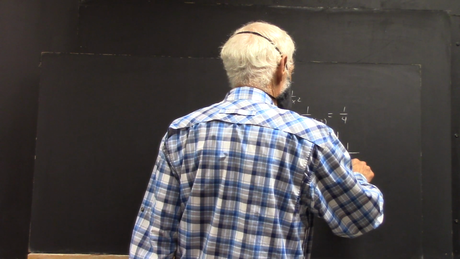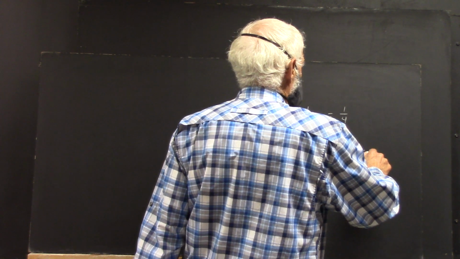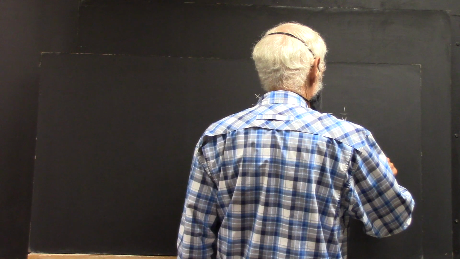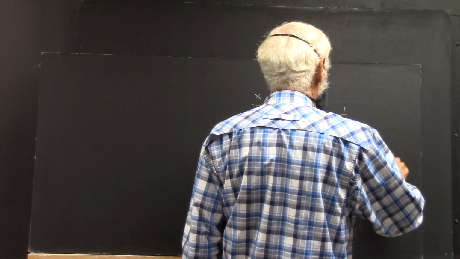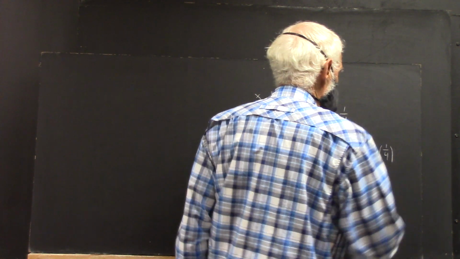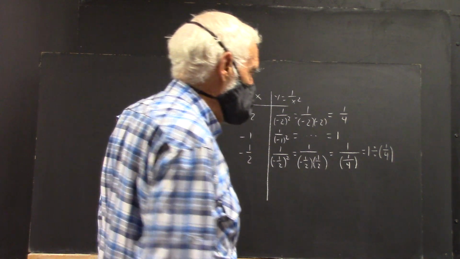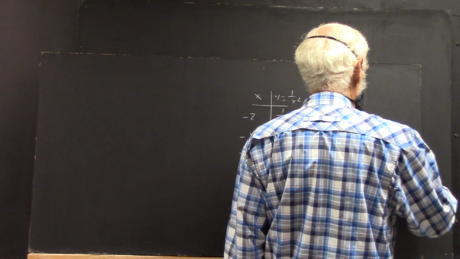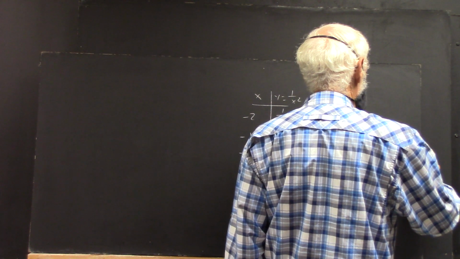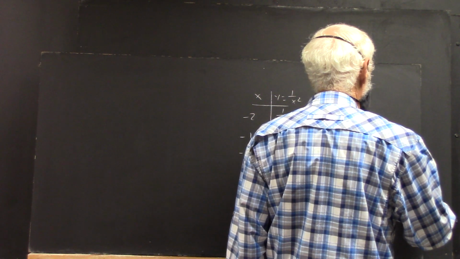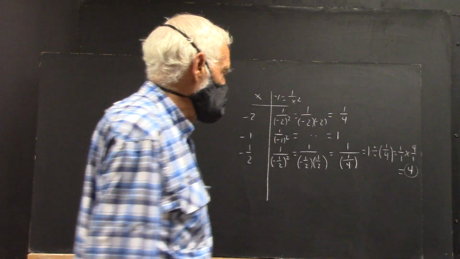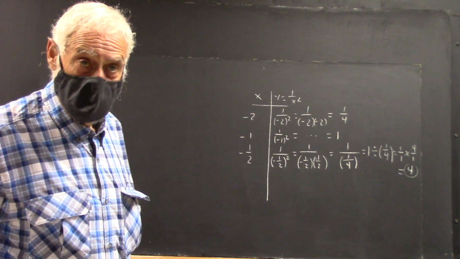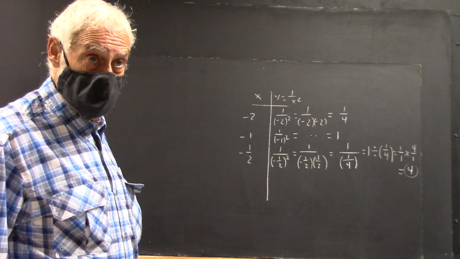Denominators are both 2, so you get 4. 1 divided by 1/4 can be written this way, and that's 1 times 4 over 1, which equals 4, using the rules of fractions that you should familiarize yourself with.